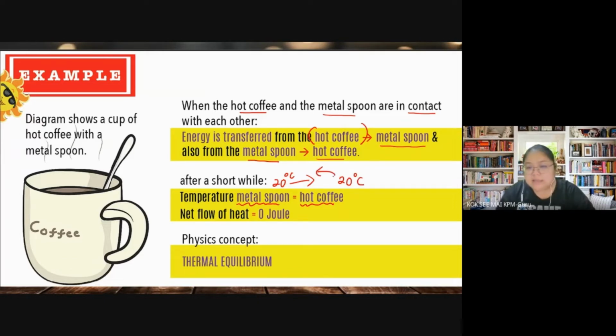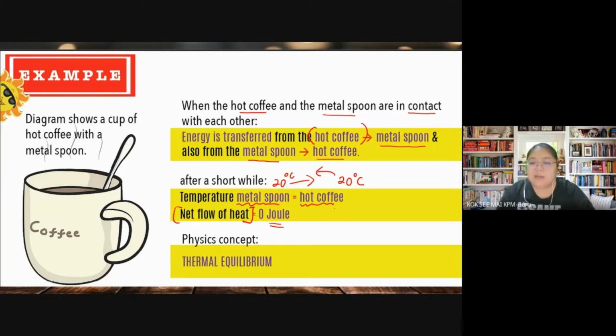So you can see it is actually the opposite direction. With opposite directions, the net flow of heat is how many joules? 0 joules. Both are transferring, but you transfer to me and I transfer to you, the same value. So finally the net flow is 0.